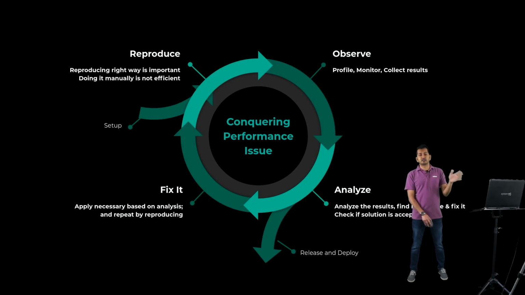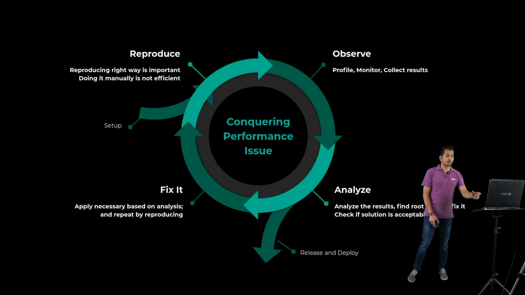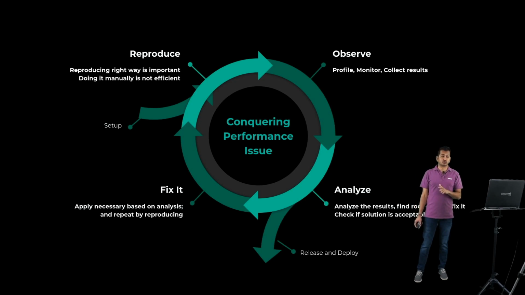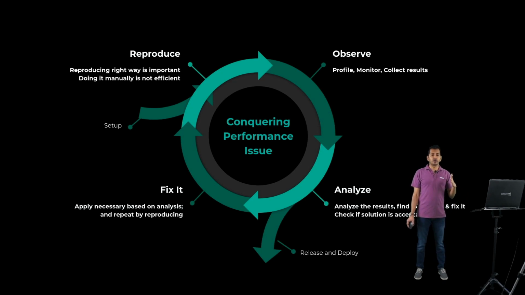Here's a diagram that will help you win the performance problem. First, do your setup. Second, reproduce. Reproducing it the right way is important. Doing it manually is not efficient. You should be able to reproduce and automate, as I said earlier. Then observe, monitoring where the problem is.